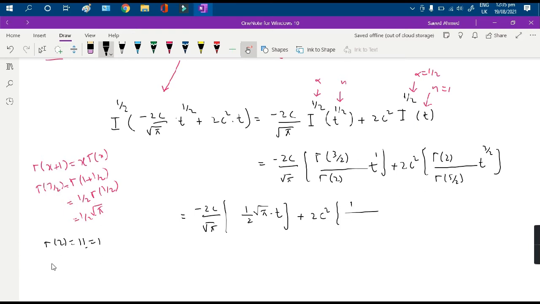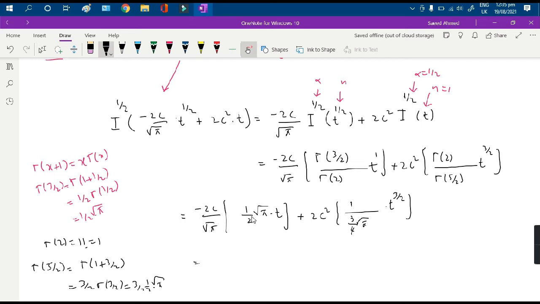Using this formula, gamma 5 by 2 is gamma 1 plus 3 by 2, which is 3 by 2 gamma 3 by 2, and gamma 3 by 2 is already 1 by 2 square root of pi. So it's 3 by 4. So it is 3 over 4 square root of pi into t to the power 3 by 2.